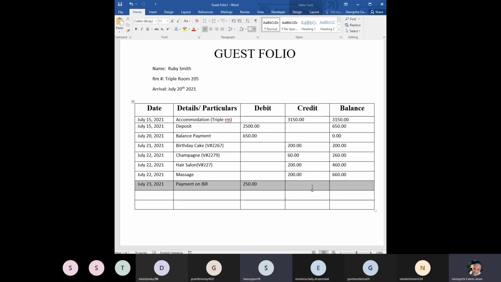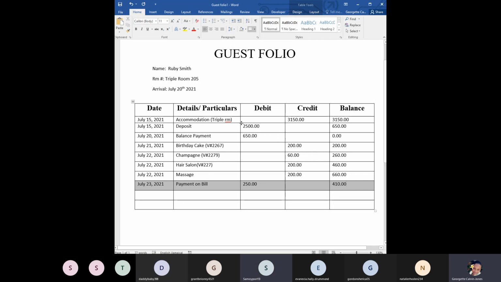Right, so she's paying some money towards her bill. How much will her balance be in this case? 410. Awesome. So you see what we're doing here?